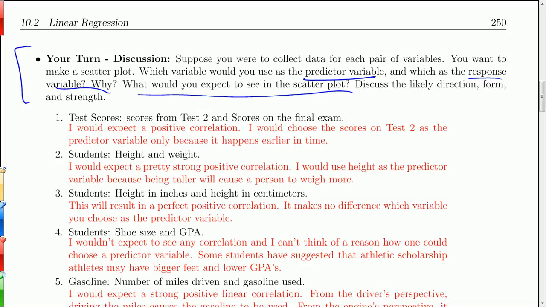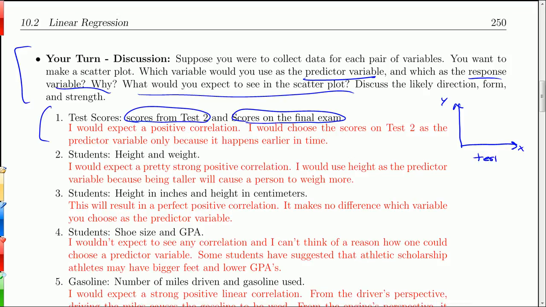Right. So in case 1, I have the test scores from test 2, and the scores on the final exam. And we'll put this over here. Which would you put as the x-axis, the predictor variable? Well, I would put the scores from test 2 here as the causative variable.